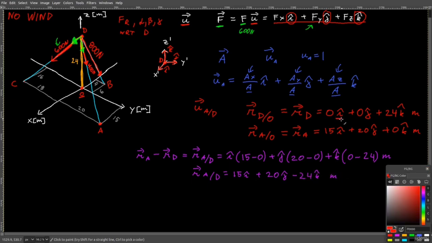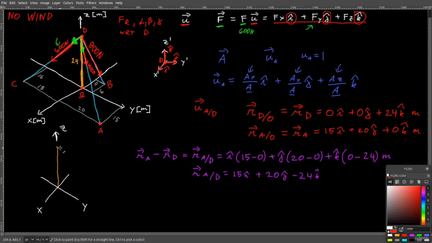So remember, these i's, j's and k's here are these ones here, because you're measuring those vectors with respect to O. But now this i and this j and this k, it's this one, with respect to this shifted coordinate frame, which is located here in point D. And so this RA with respect to D, it's this displacement vector here that goes from D till A.